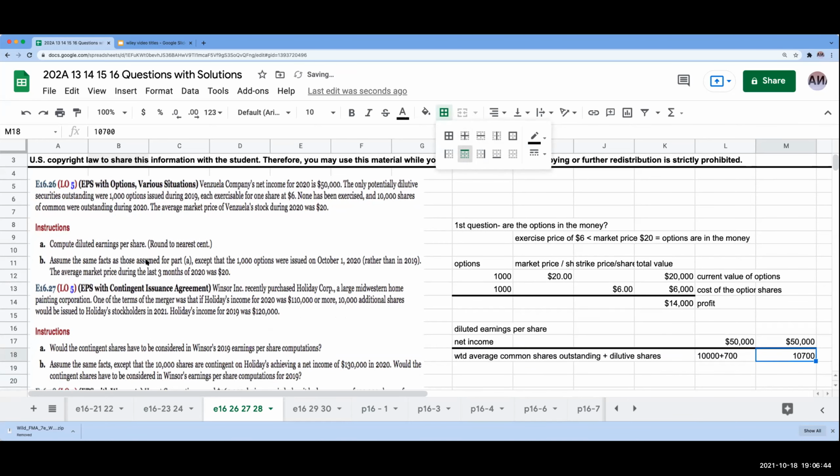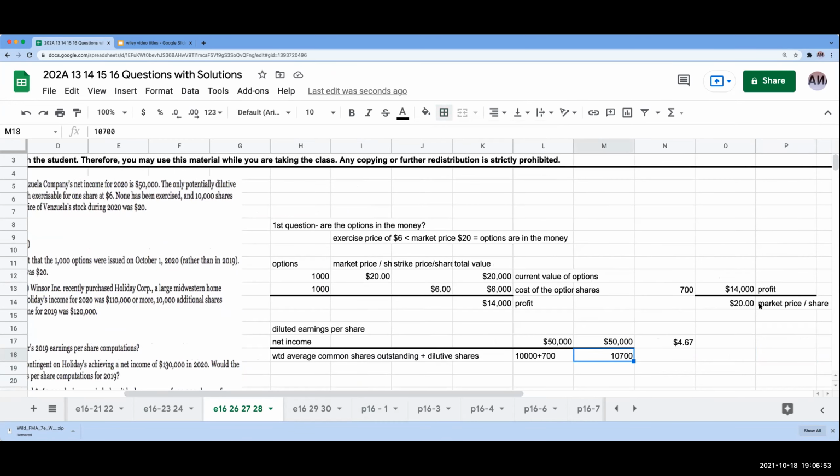Assume the same facts as in part A, except that the options were issued in 2020. There was an implicit understanding with these 700 shares that these were outstanding for the entire year.